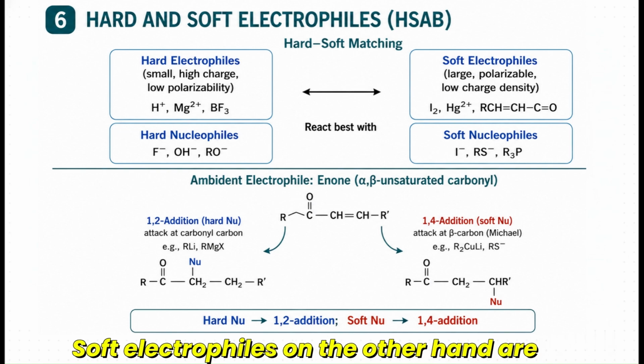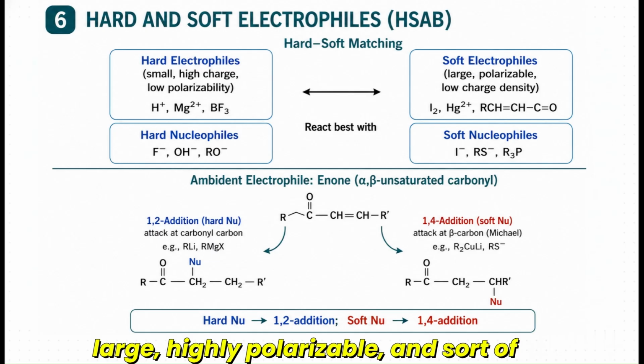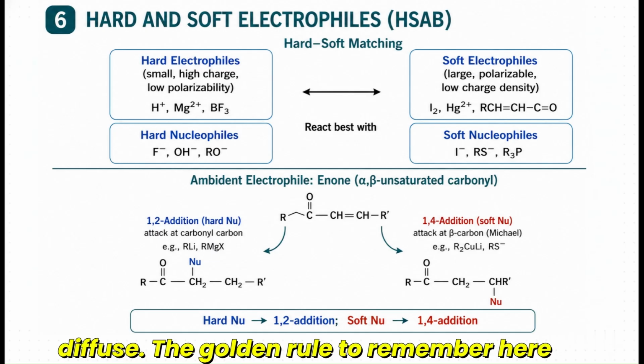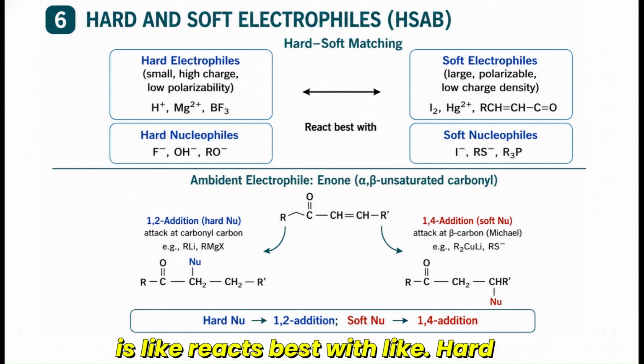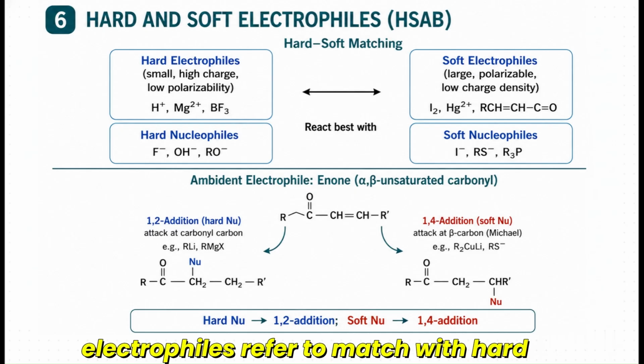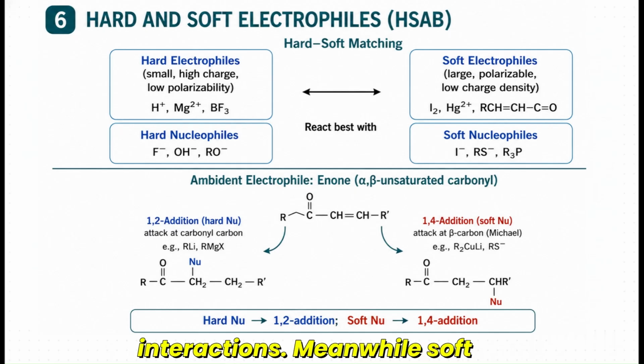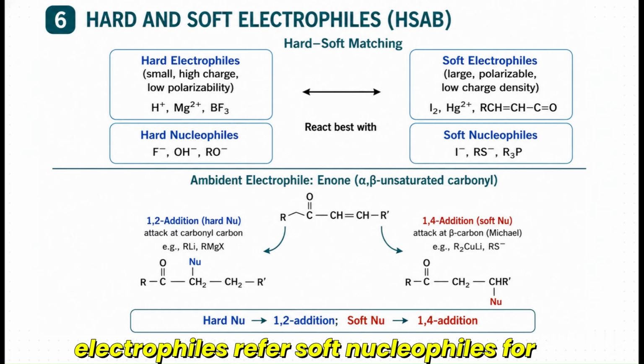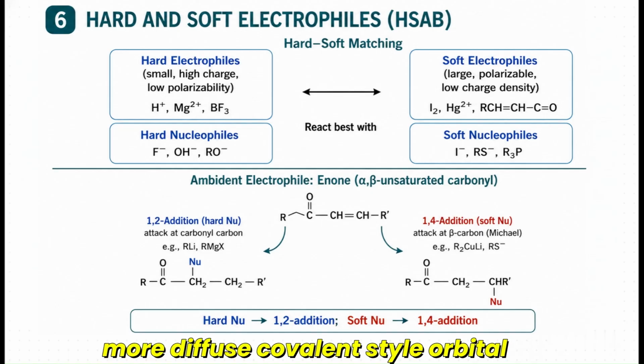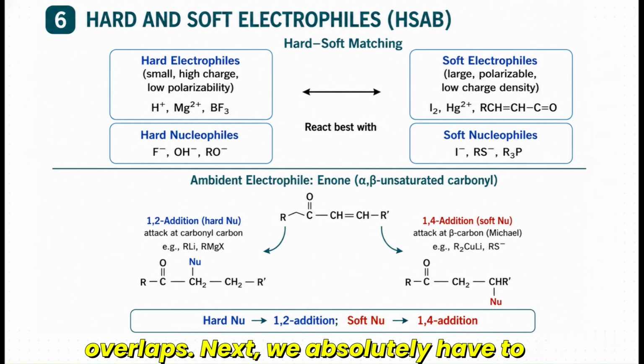Soft electrophiles, on the other hand, are large, highly polarizable, and sort of diffuse. The golden rule to remember here is like reacts best with like. Hard electrophiles prefer to match with hard nucleophiles for tight, direct interactions. Meanwhile, soft electrophiles prefer soft nucleophiles for more diffuse covalent-style orbital overlaps.